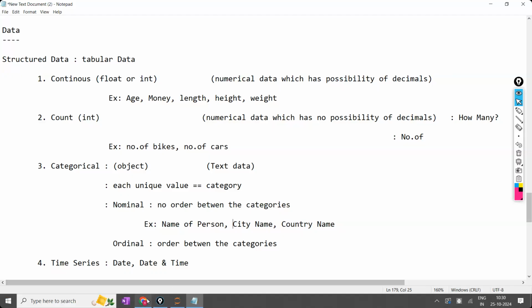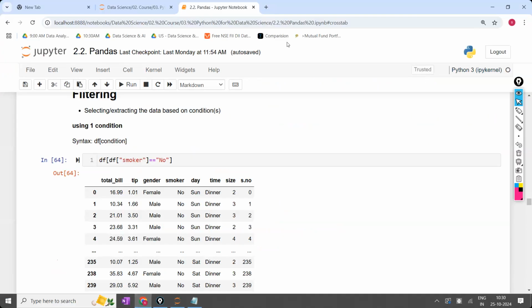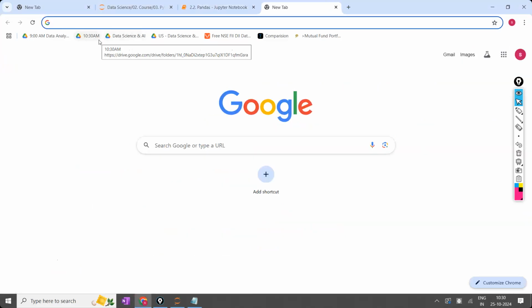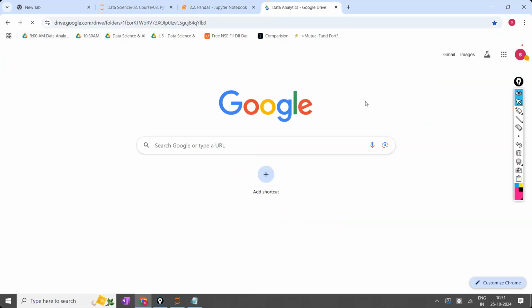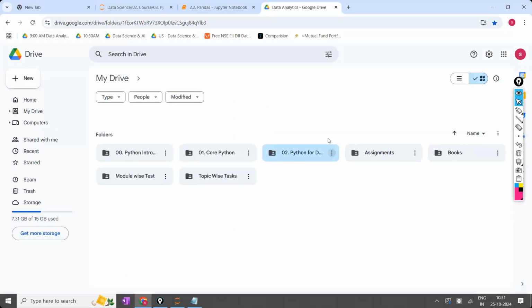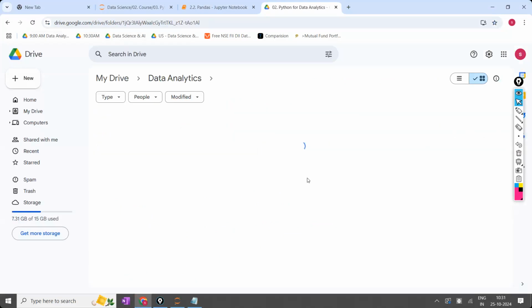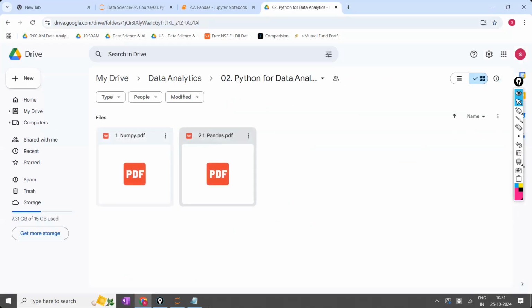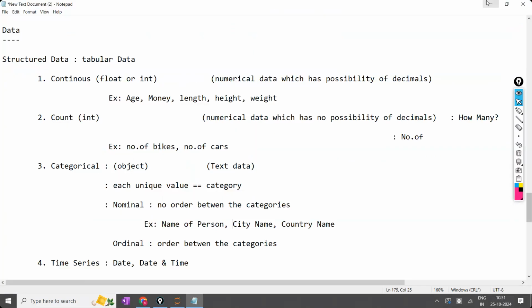And here I'm going to upload the Pandas notes. I'm just trying to upload the Pandas notes. So Pandas 2.1 was uploaded, and I'm going to upload Pandas 2.2 along with the data set.